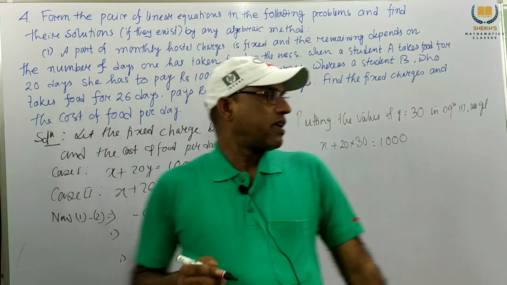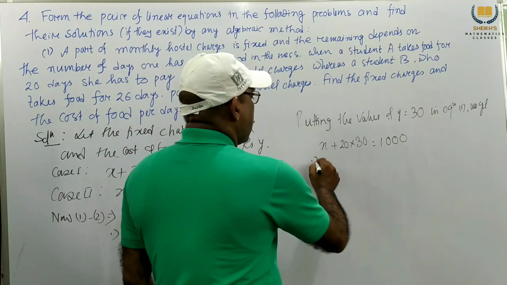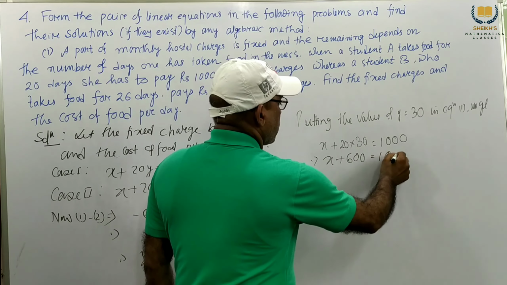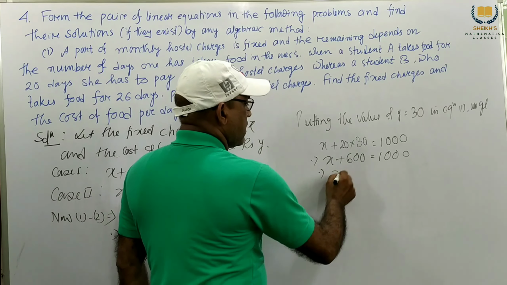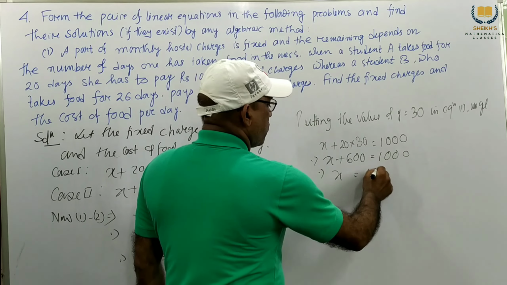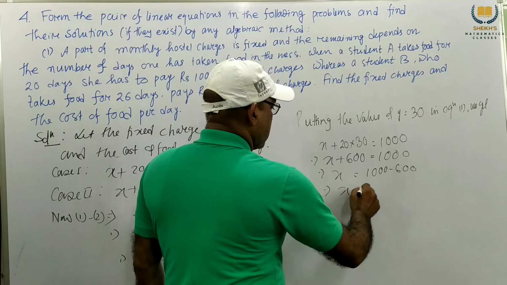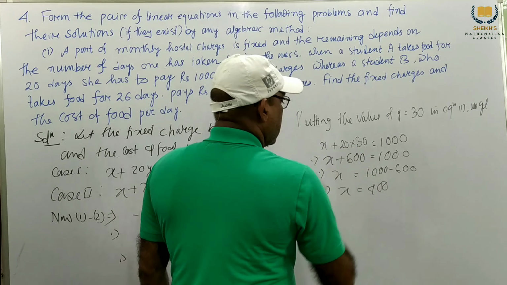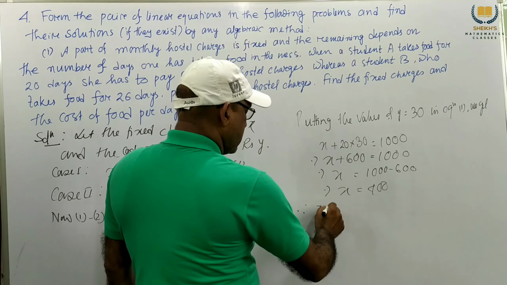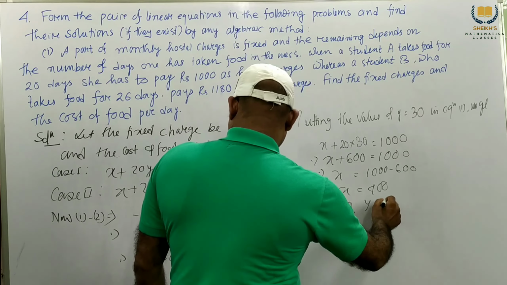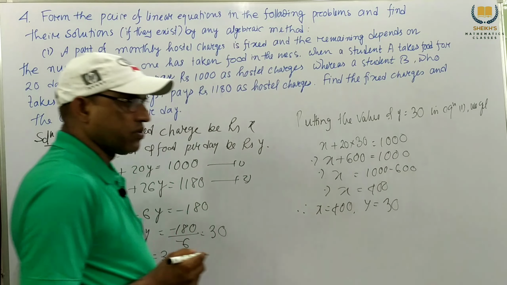Now x plus 600 equal to 1000, x equal to 1000 minus 600, and x equal to 400. Therefore x equal to 400 and y equal to 30. We get these two values.